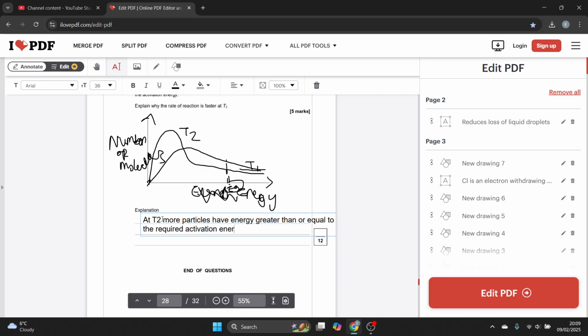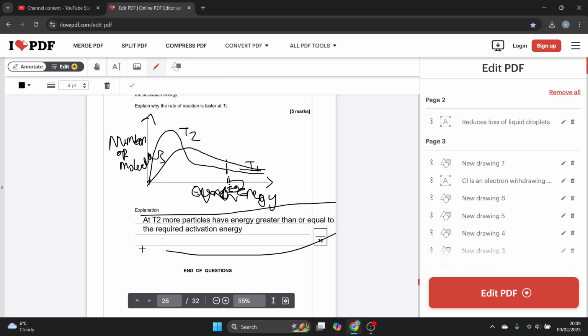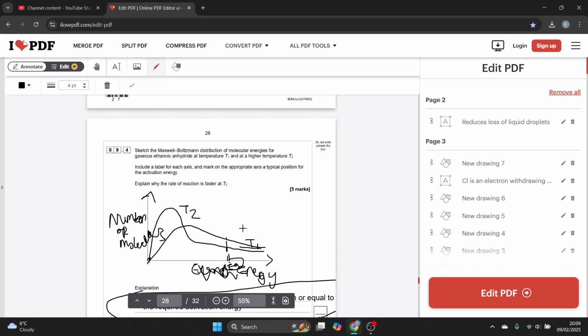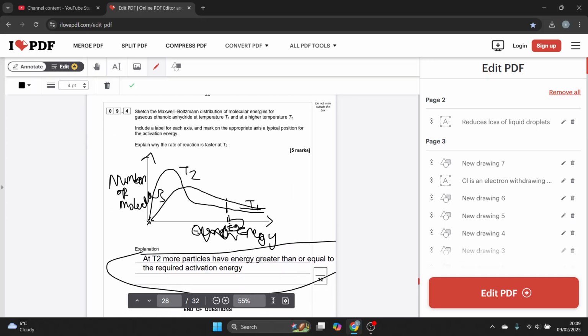If you're ever unsure, I'll always say that at T2 for rate of reaction, more particles have energy greater than or equal to the required activation energy. Molecules, energy, T1 just like that, T2 higher, but then it goes lower and then meets there. That's the activation energy, that's energy, that's number of molecules. At T2, more particles have energy greater than or equal to the required activation energy, therefore faster rate of reaction at T2.